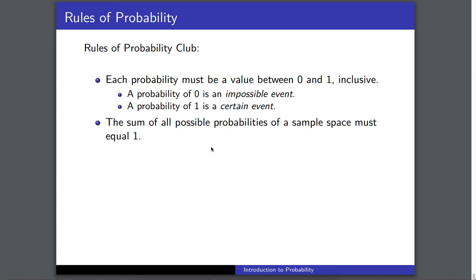So if we add up all those possible probabilities of a sample space, it must equal 1. And this is something that we're going to see also in future videos, especially when we get into normal distributions and probabilities.